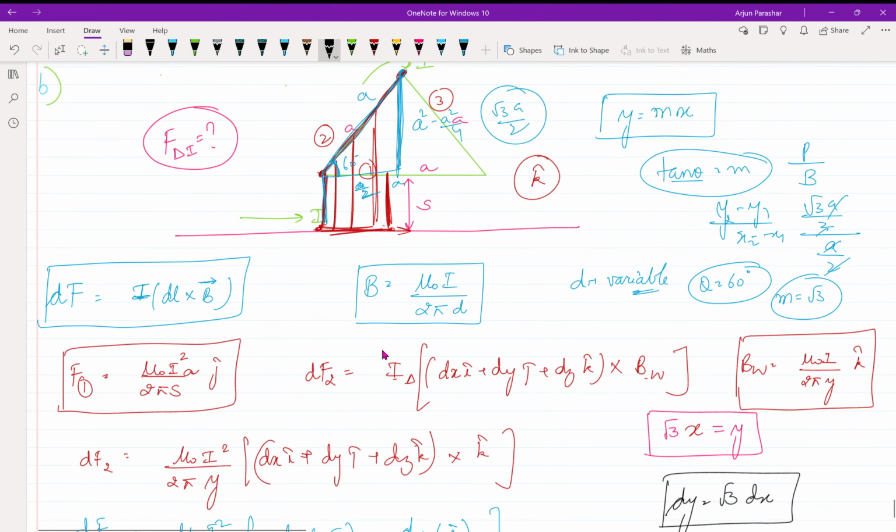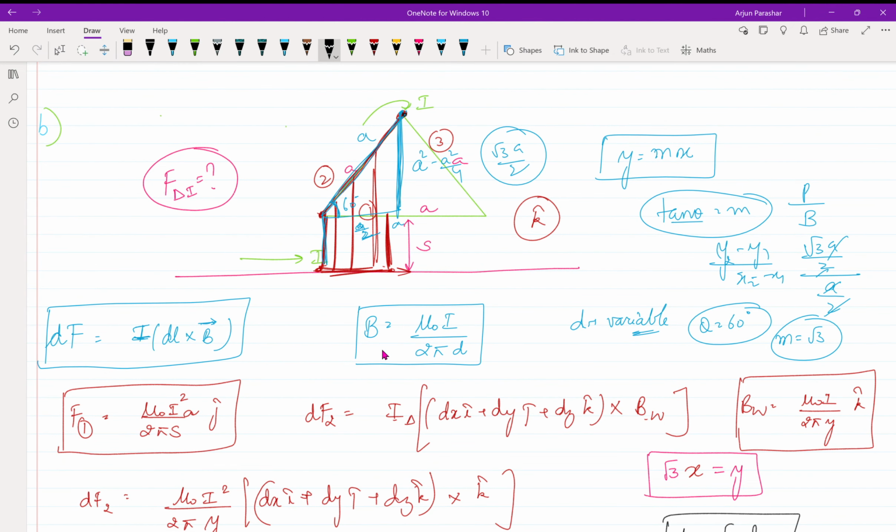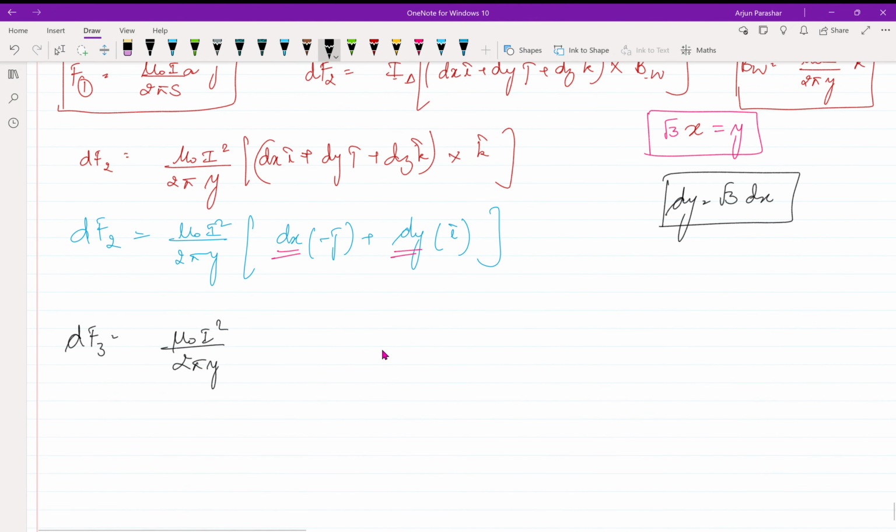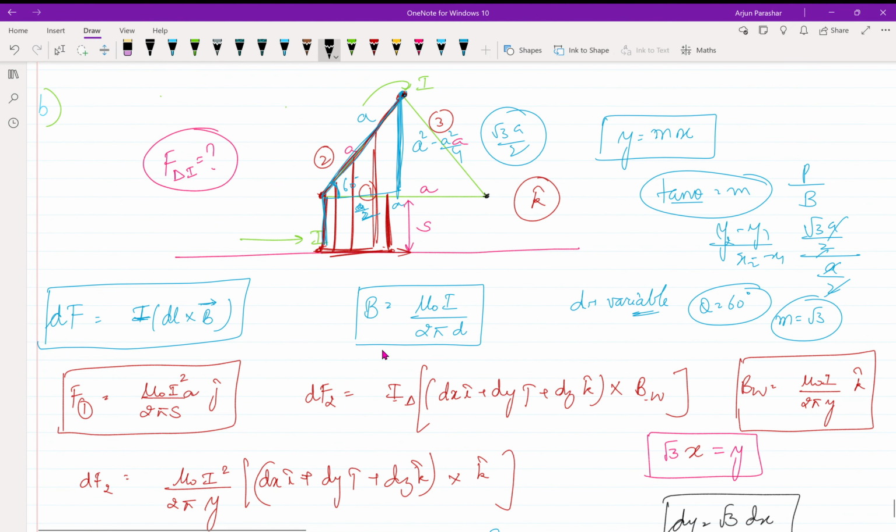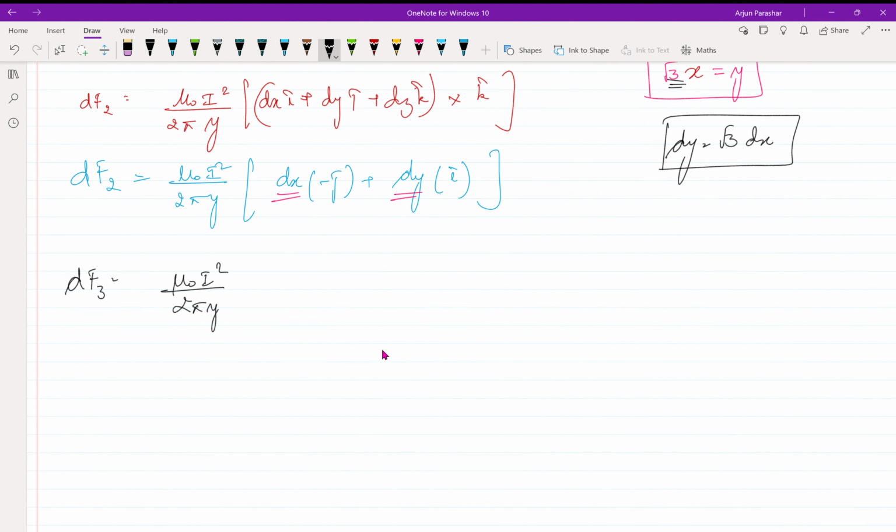Again y, because we will be using the limits for y only. You can use x also, but then you have to choose how to vary x from this equation. For simplification, I am using y. So dx i cap plus dy j cap plus dz k cap cross. Here also the magnetic field is in this direction.